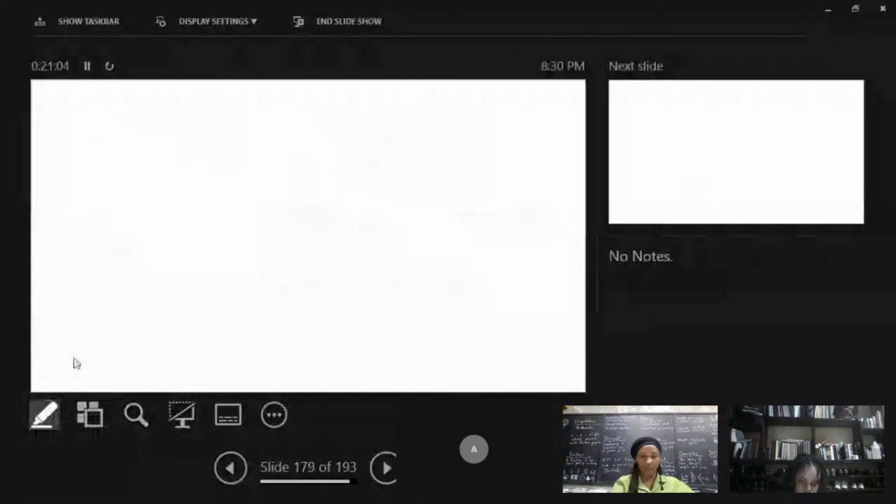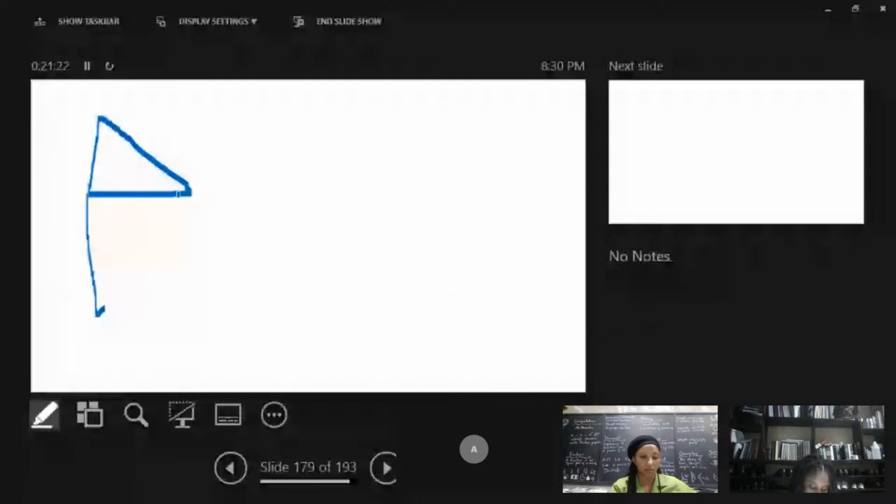Imani, I want you to find the volume of this triangular prism. Same shape down the bottom, right?